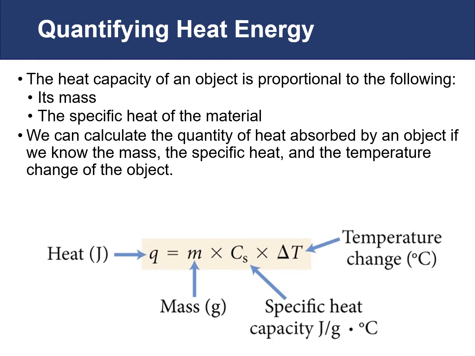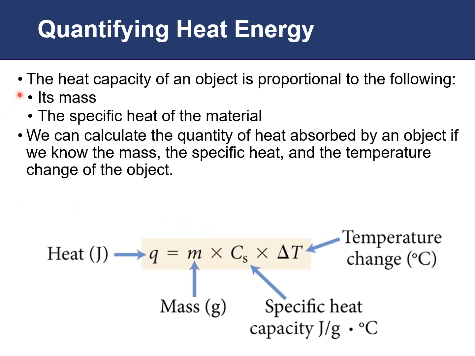Similar to our previous discussion on regular heat capacity, or the heat capacity of a physical object, and being able to relate that to heat, when we're looking at the specific heat capacity, we can do a similar process. However, the equation is slightly different. We need to also include the mass.